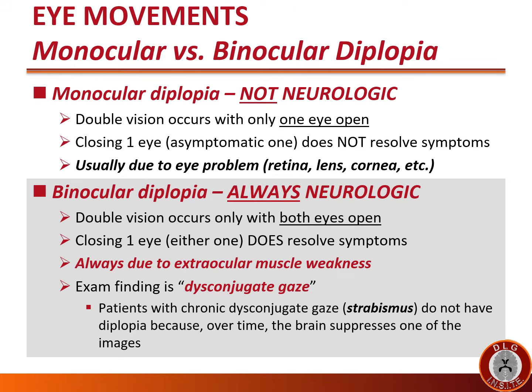This is double vision that occurs only with both eyes open, and closing one eye, either one, does resolve the symptoms. It's due to extraocular muscle weakness. And the exam finding is disconjugate gaze. Now notice that patients with chronic disconjugate gaze, called strabismus, do not have diplopia because over time the brain suppresses one of the images.